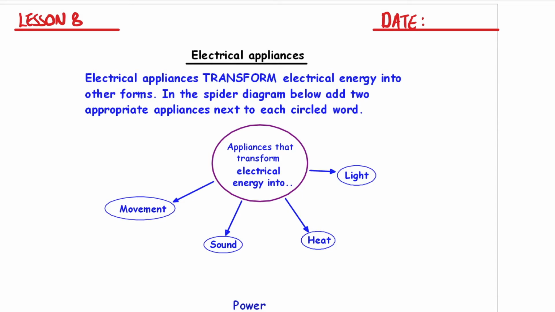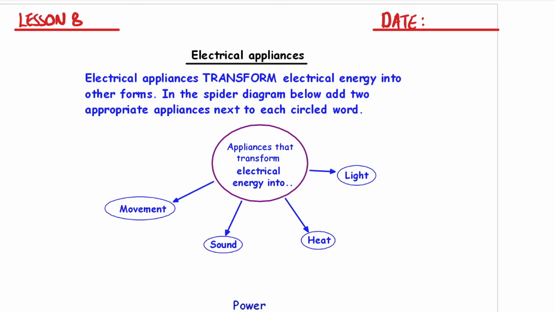So a quick recap on electrical appliances. We've learnt about different forms of energy and energy transfer previously in science. As it says in the paragraph at the top, appliances transform electrical energy into other forms. In the spider diagram below are two appropriate appliances next to each circled word.